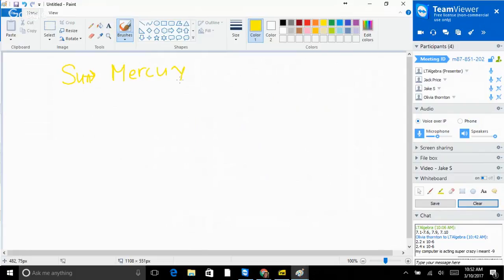The distance from the sun to Mercury is 6 times 10 to the 8th kilometers. The distance from the sun to Pluto, which may or may not be a planet. Did you hear it might be a planet again? Is 5.9 times 10 to the 9th kilometers.